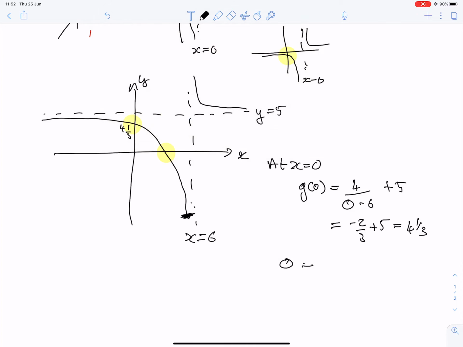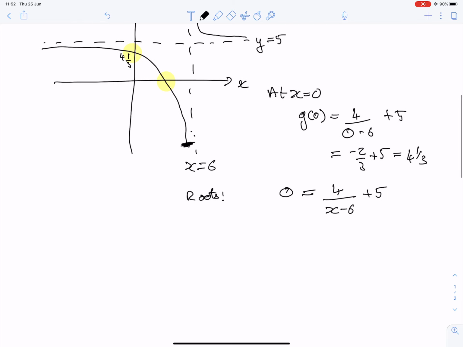Similarly, we need to find the x value when the output is 0. So when 0 is equal to 4 over x minus 6 plus 5. So this is the root. Usual approach, multiply by the denominator, so we get 0 is equal to 4 plus 5 lots of x minus 6.